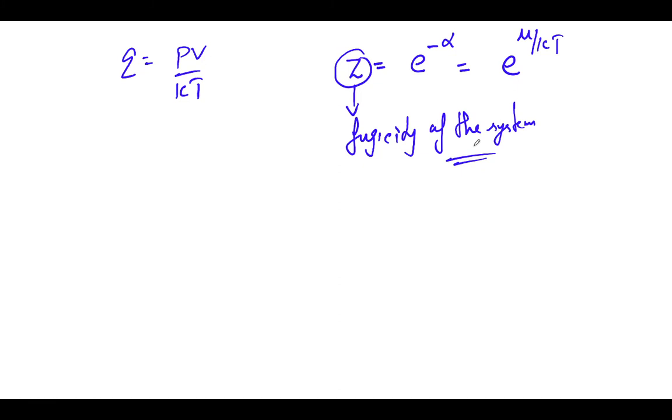Fugacity is generally defined as the escapability of the particles. That is the tendency of a particle to prefer one phase over another. So this is generally represented as the escape capacity of the particle.